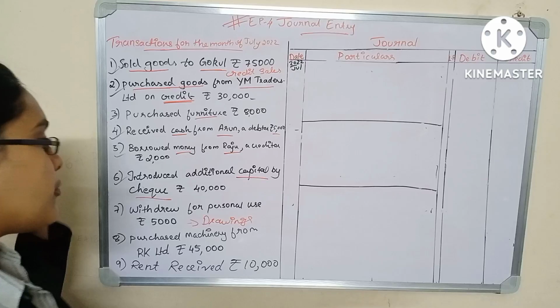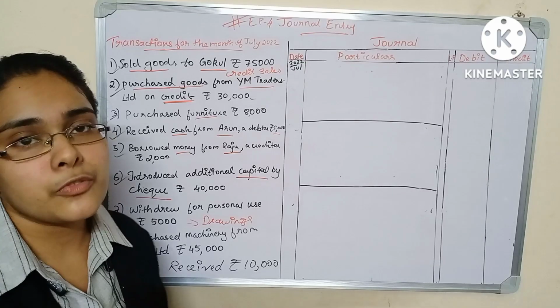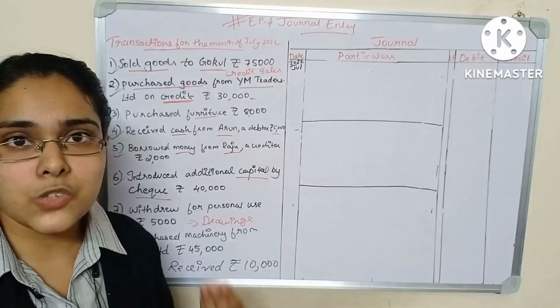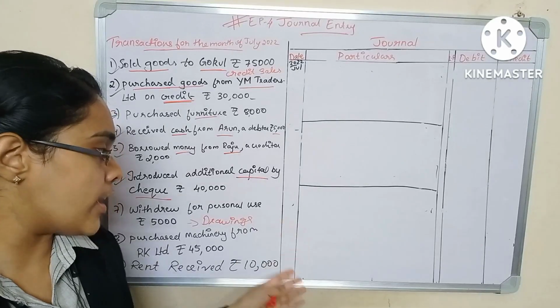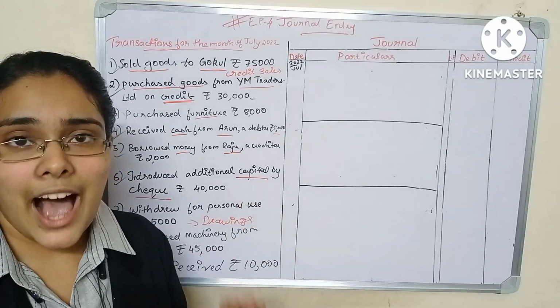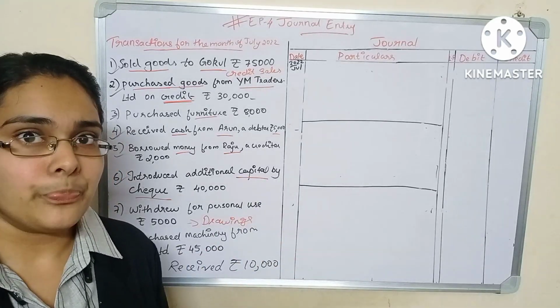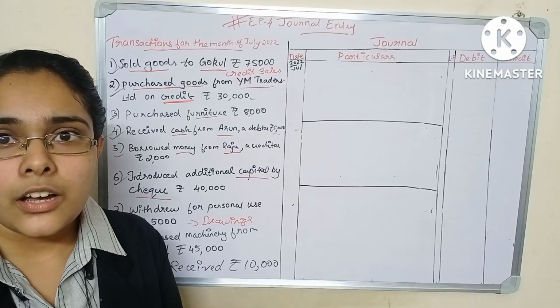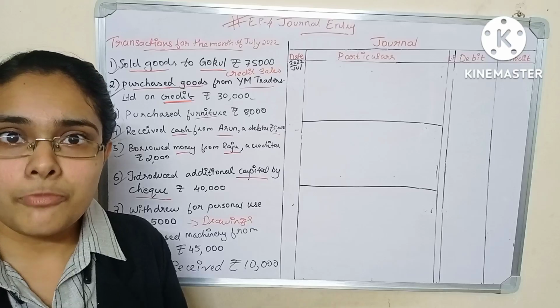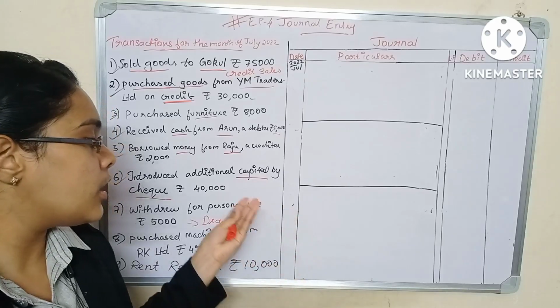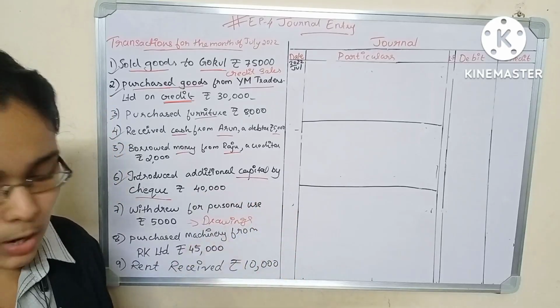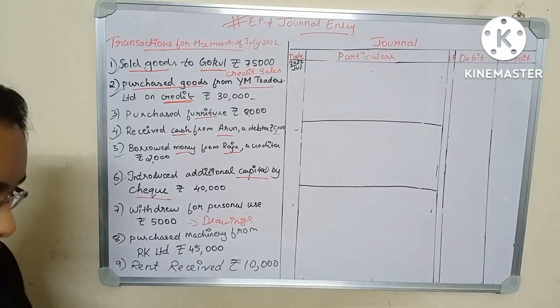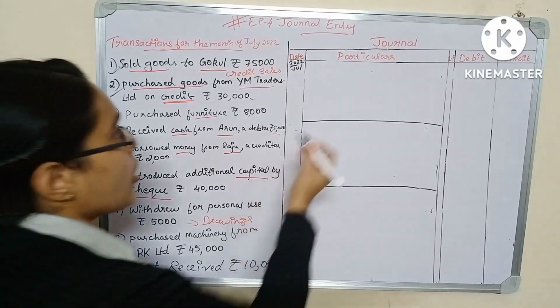From the point of view of business, if a person is withdrawing money, it is known as drawings, and drawings has a debit balance. It is considered like an expense or a decrease in the liability of the business. So you will debit the drawings account.